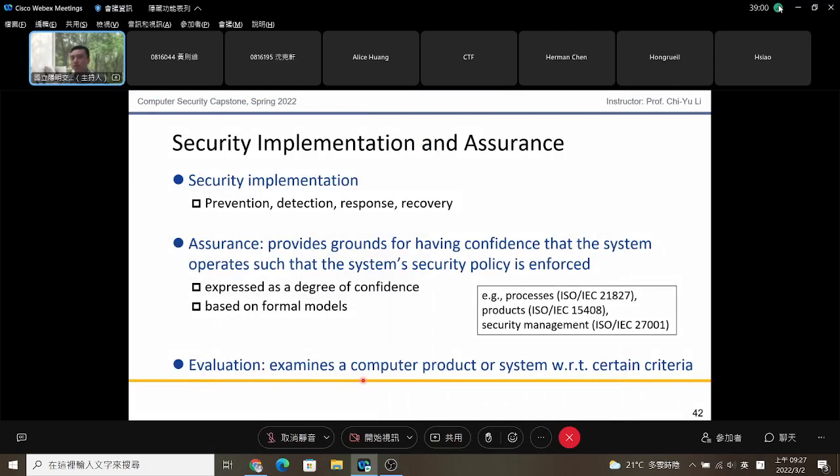So we can examine the product or system based on these criteria. We also need to check how much overhead the product may cause by using this security mechanism.